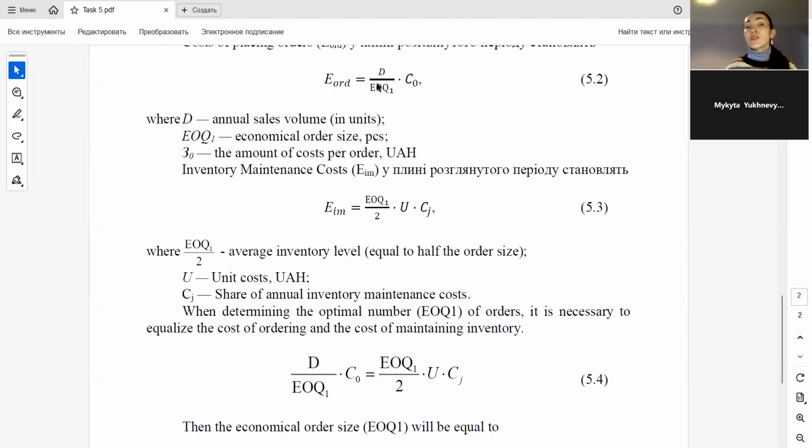Okay, and we calculate it also 3 times. The result will be in green. We leave 2 symbols after the comma, and after it calculate ORD2 for EOQ2 and ORD3 for EOQ3. Please find it, and the result in green.